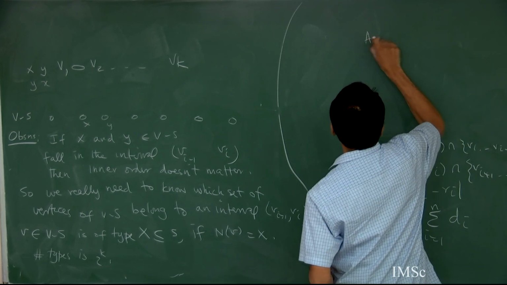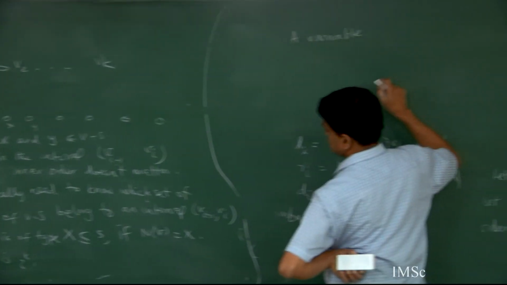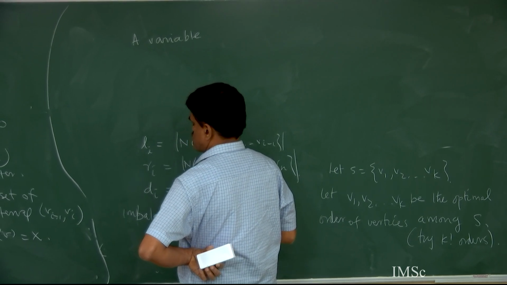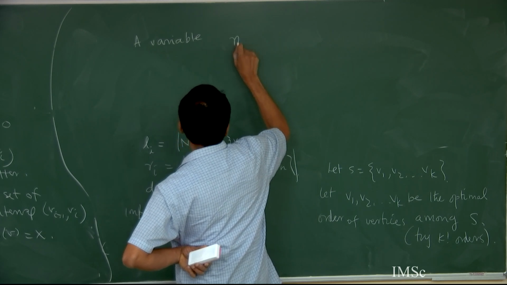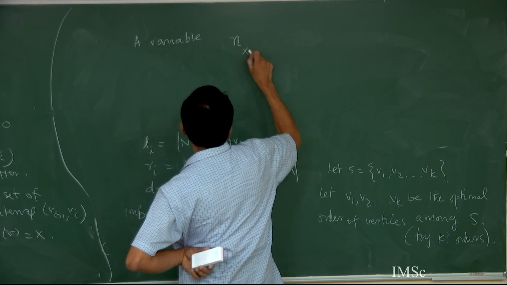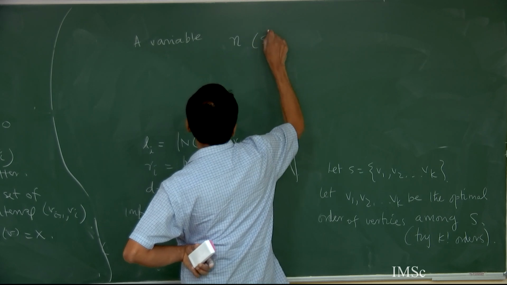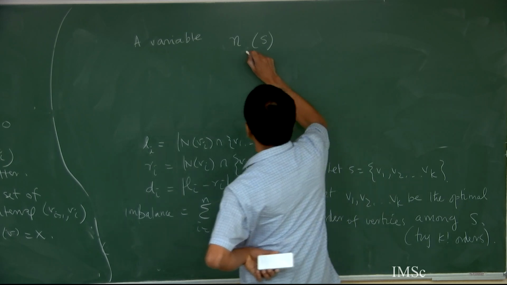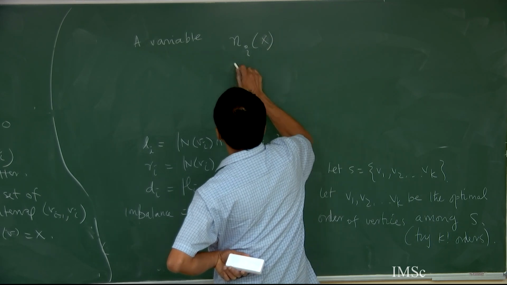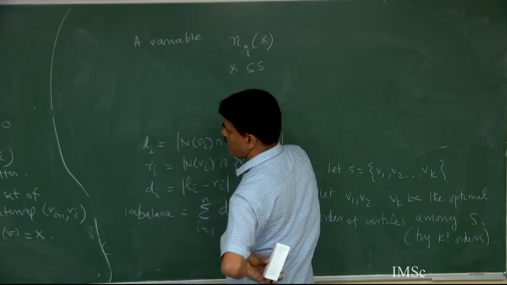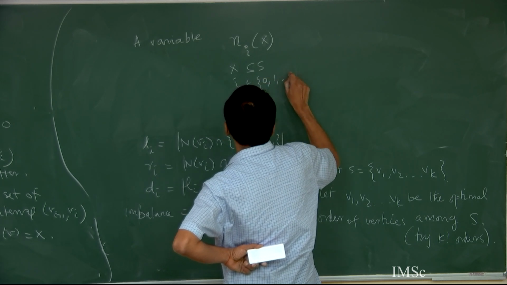So, a variable, let us call it n_i(x), where x is contained in S, and that is my vertex cover, and i is between 0 to k.